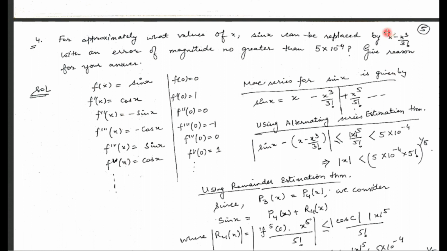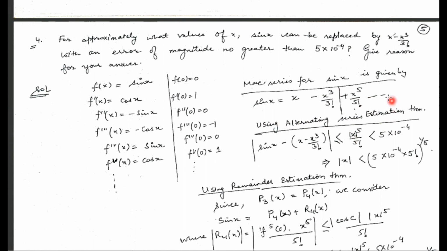Then by observing the question, we have to find for what values of x, if we replace sin x with this term, the error is of magnitude not greater than this number. So by using Taylor's formula or by using the alternating series estimation theorem, we can find the error in this case. Since this series has alternating signs, we can apply the alternating series estimation theorem also.